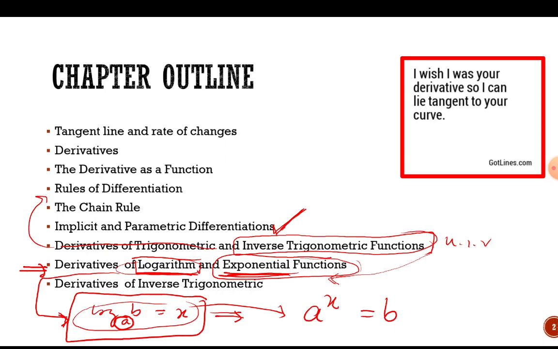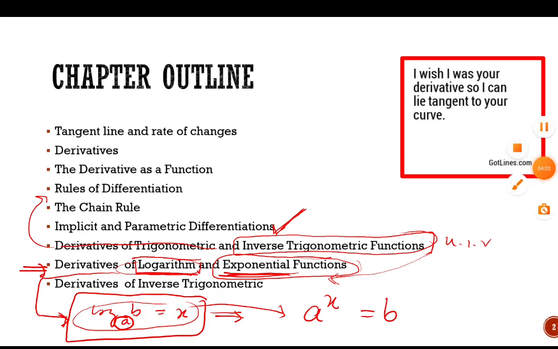However, I will provide you with supplementary materials for self-study, because you need the basics of logarithmic and exponential functions before you can understand the derivative well.